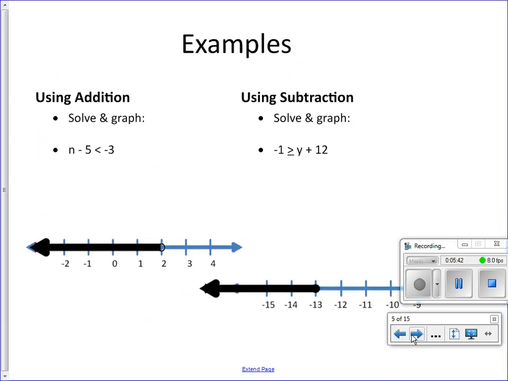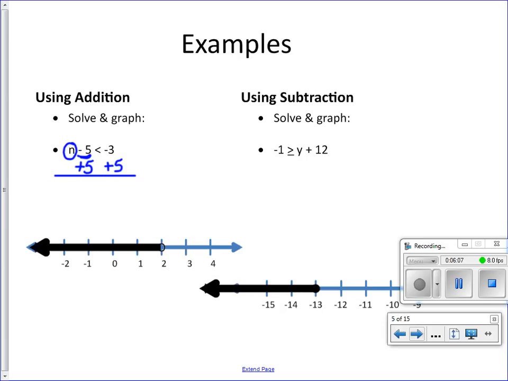All right, let's do a little solving and graphing. Okay, our first equation is n minus 5 is less than negative 3. All right, we're going to undo the subtraction. Here's our variable. So what we have to undo is this part right here. And we undo that by adding 5 to each side.